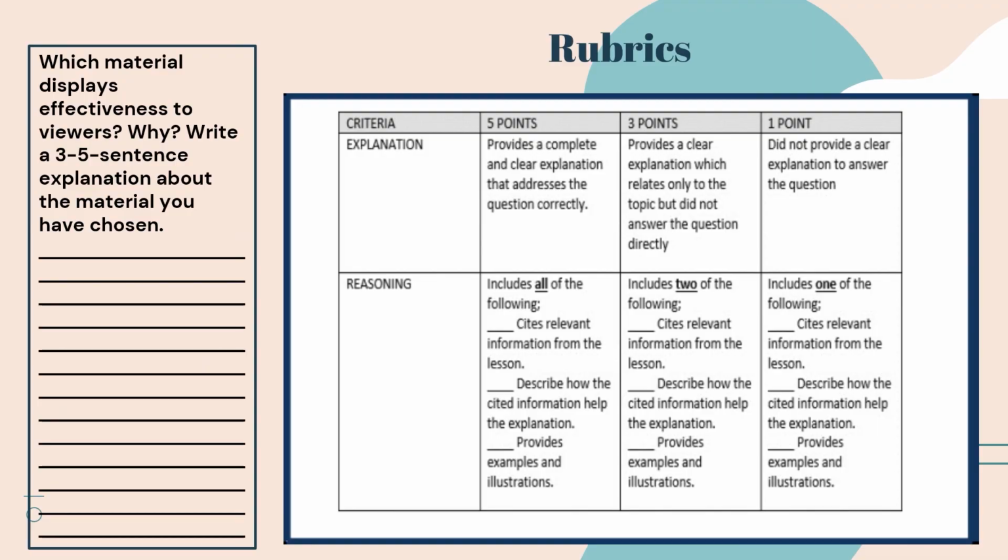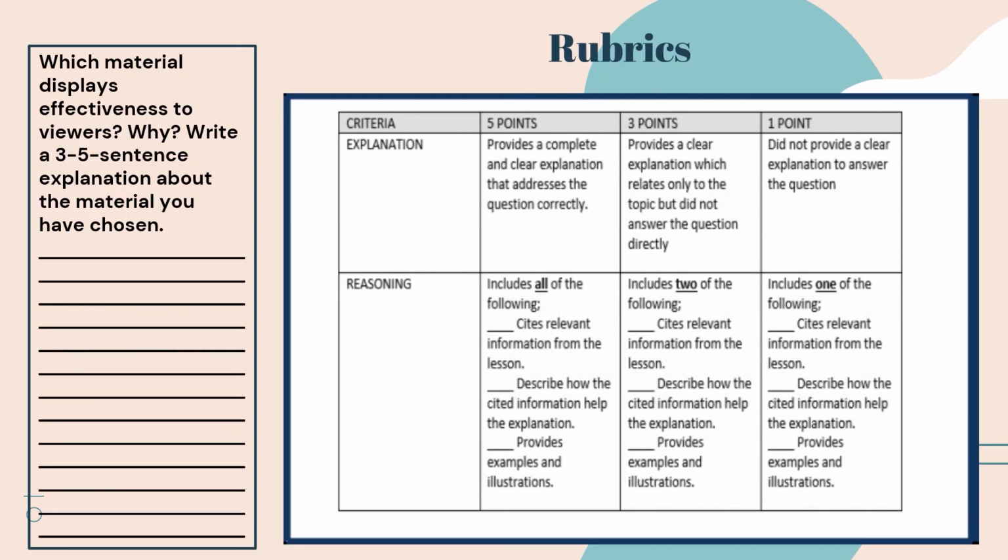Okay, now for this activity. Which material displays effectiveness to viewers? Di ba? You have watched two media streams, no? One on television and one on your gadget. So, which material displays effectiveness to you as a viewer? Why?